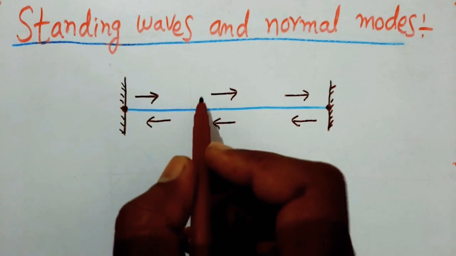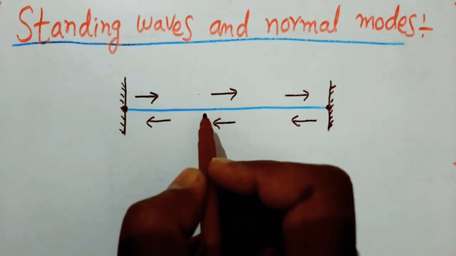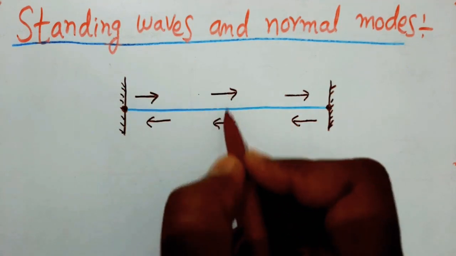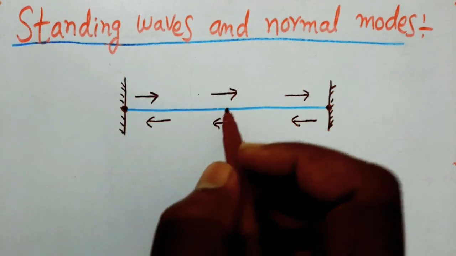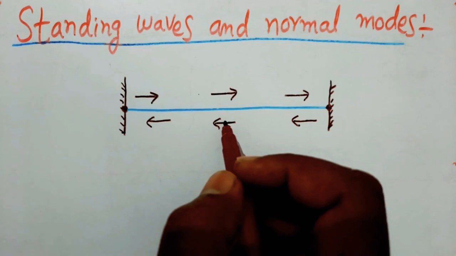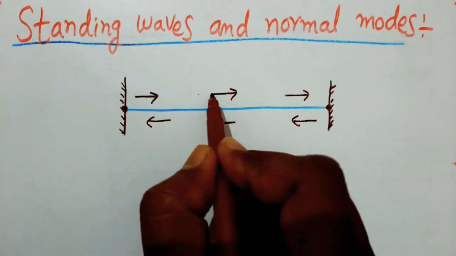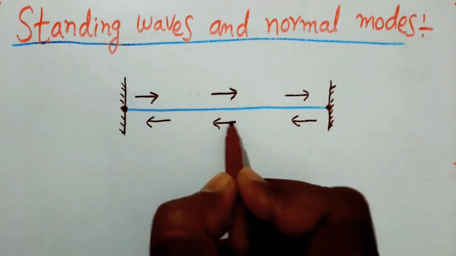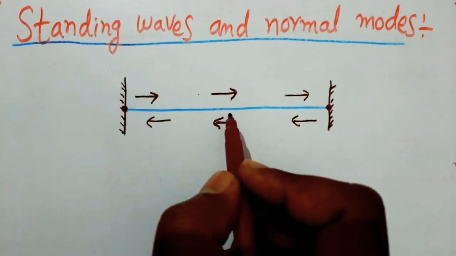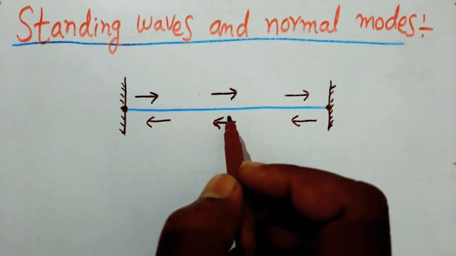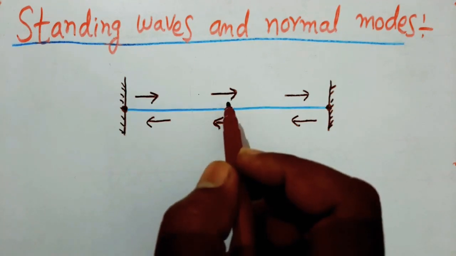So here these two traveling waves have the same frequency, same amplitude, but are moving in opposite directions. That is, this wave is moving in this direction and this wave is moving in this direction. So both are moving in opposite directions and overlap each other.